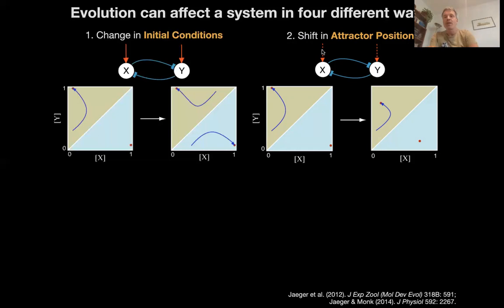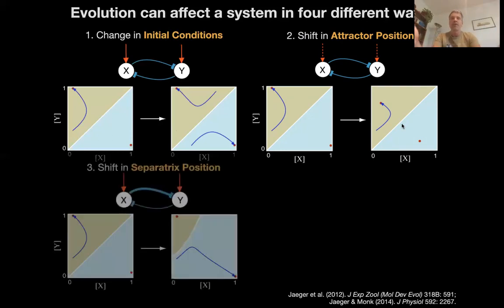So the weaker these interactions are, the closer to the origin down here these attractors come to lie. They converge towards the origin the further you tune those activating inputs down. So what's happening here is you have a change in attractor position, but the qualitative nature of the dynamical regime is still the same. It's still a switch, basically. The behavior is qualitatively the same.